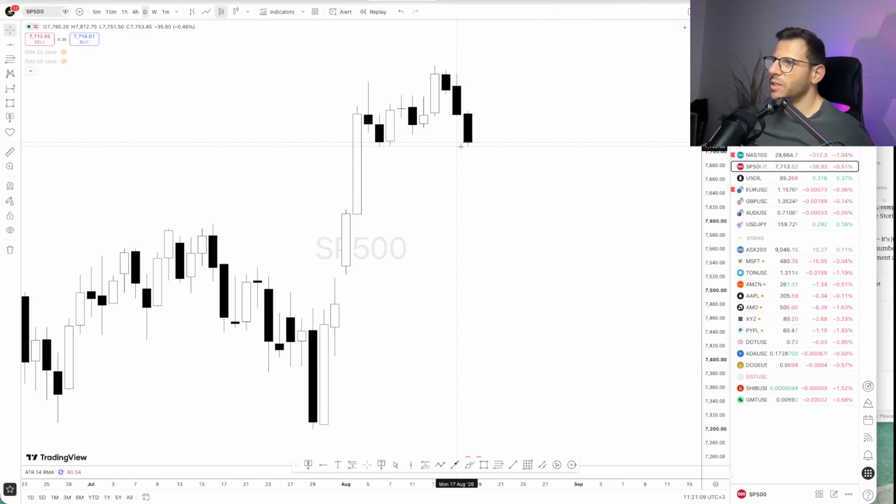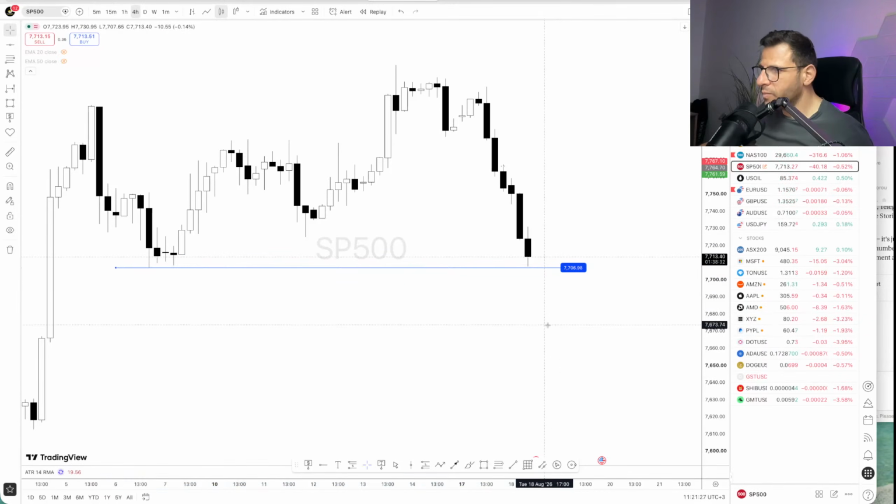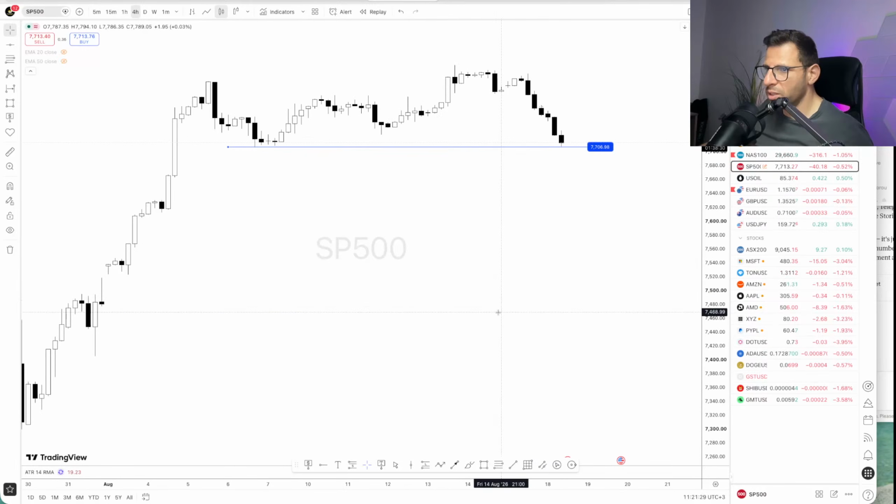So the market is hitting even lower. There is a solid support right here. On the 4-hour, I think we're going to break well below this one, guys. So this is one solid support. If we break and move further, I see this support here as well.